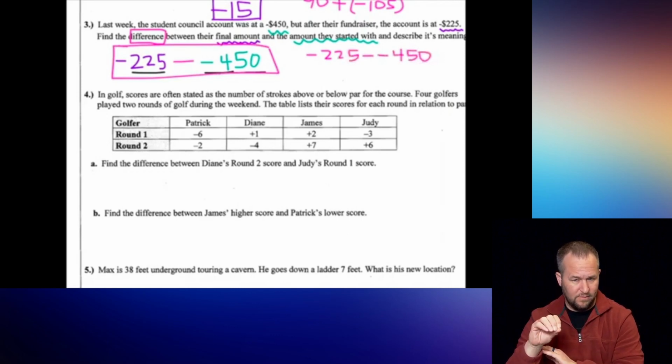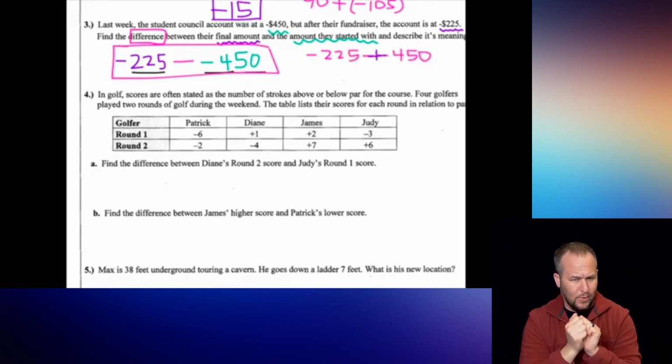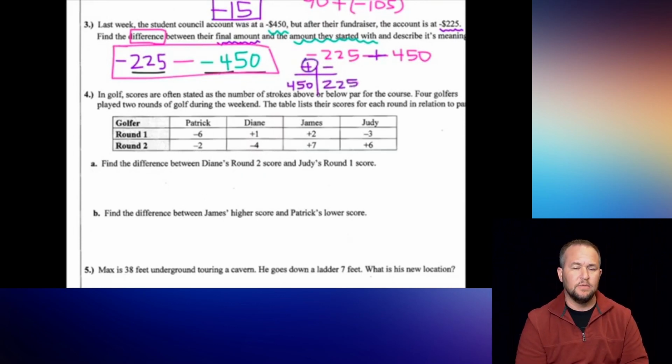Hopefully we see those two minus signs or the two negatives right next to each other. I'm just adding those two things together. And then in my scoreboard, I have a plus sign, I have a minus sign, I have 450, and then I have 225 over here. I know my positive team won, and they ended up winning by 225.